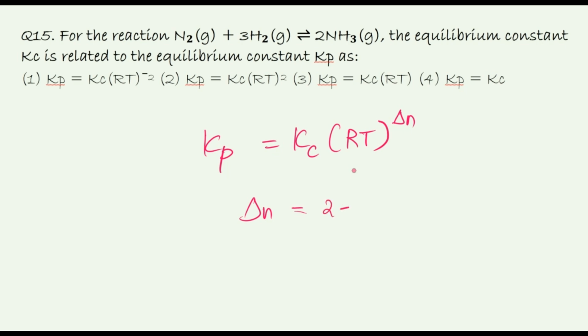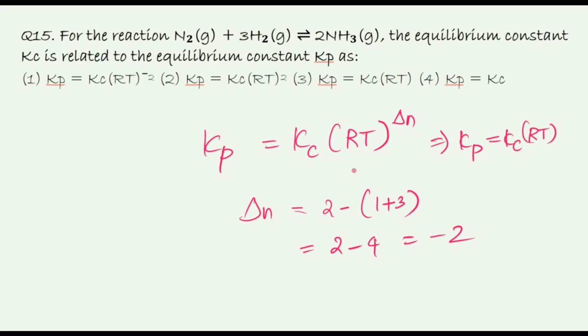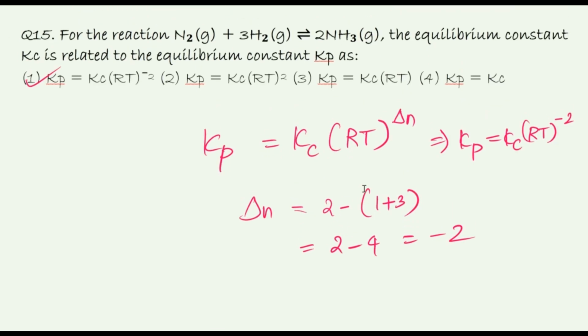So 2 minus 1 plus 3, 4, that is minus 2. So just substitute the values. Kp equals Kc RT power minus 2. Sometimes they will give this as direct. Sometimes they will take this to the other side, which makes the power positive.